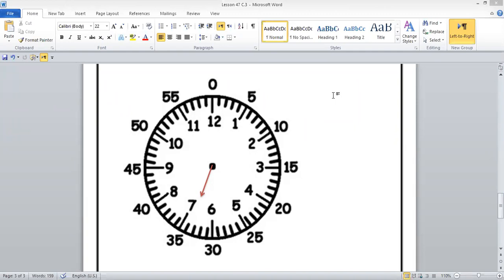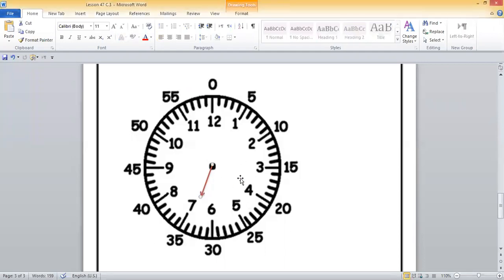Ziyad and Rafiq Samir, I am asking you not to shout. Is it 6 o'clock or 7 o'clock, guys? 6. Very good. The answer is 6 o'clock. So, guys, we have practiced the hour hand.